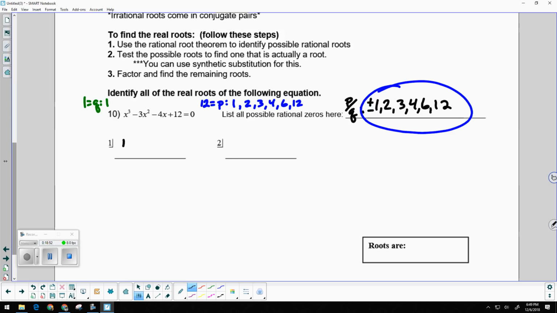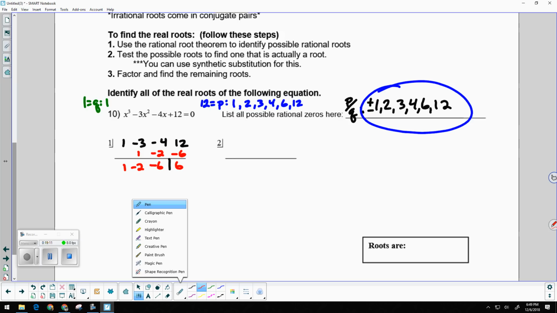So I've got 1x cubed, negative 3x squared, negative 4x, and 12. Bring the 1 down. 1 times 1 is 1. Add, I get negative 2. Multiply, add, I get negative 6. Multiply, add, I get 6.